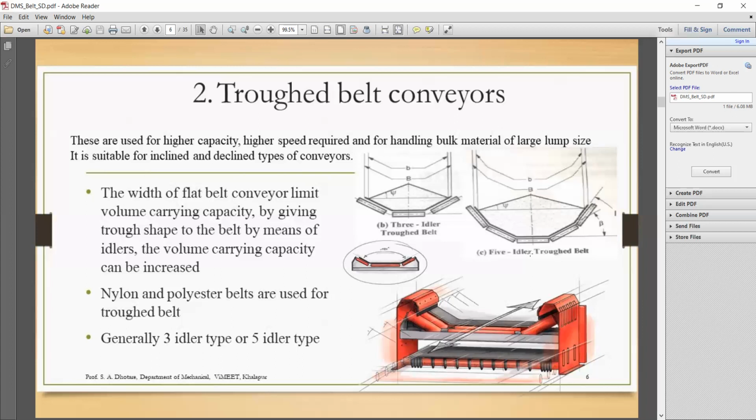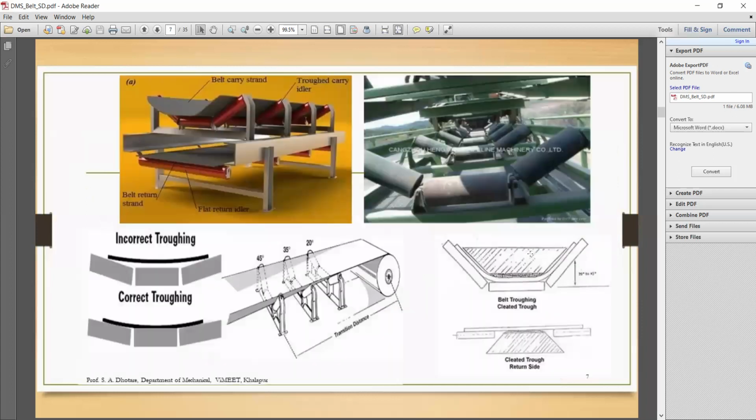Also, we use an upper coating, such as cotton, so that the material is not damaged. Most companies nowadays are using a troughing belt conveyor mechanism.